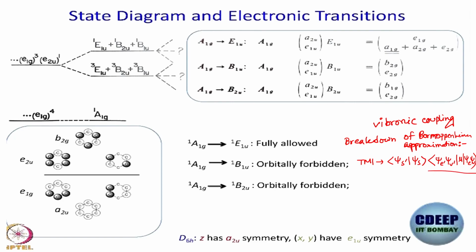So when I'm talking about vibronic coupling or this breakdown of the Born-Oppenheimer approximation, then my electronic orbitals and vibrational states are intertwined. So I cannot make them apart. They are going to be in the same integral. So for that, what is going to happen again? We need to take the direct product of these.